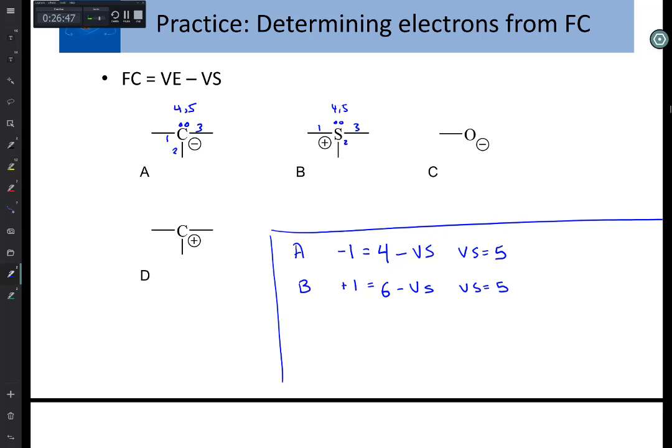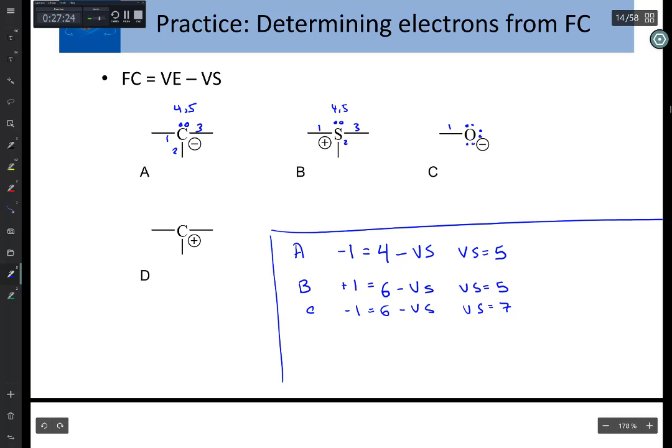And then for the oxygen at the end, this is for C. It's going to be -1. Valence electrons is 6, yeah. So the valence state is 7? Yeah, it's not 5 again. That would have been nice if it always came out to 5. And then we go 1, and then 2, 3, 4, 5, 6, 7.